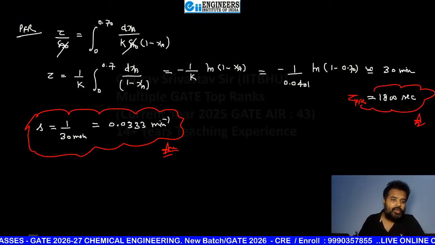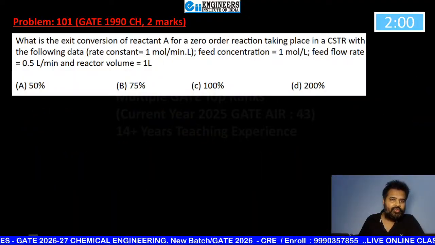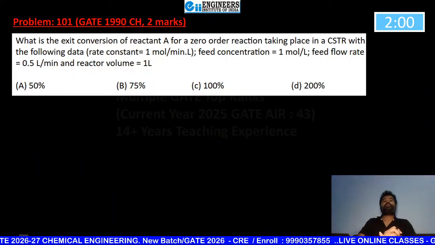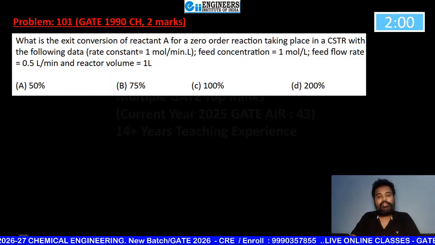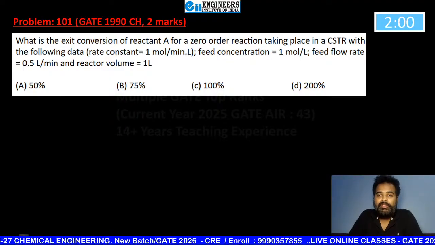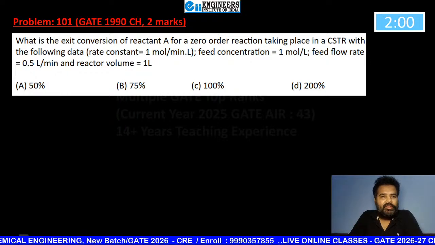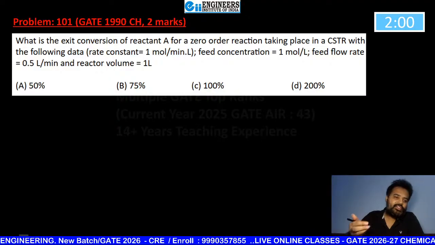Now problem 99, 900. Now see 101 from CSTR, 1990, 2-mark question. What is the exit conversion of reactant A for a zero order reaction taking place in a CSTR with the following data? Feed concentration, feed flow rate, everything is given there. Reactor volume is 1 liter. Tell me quickly.